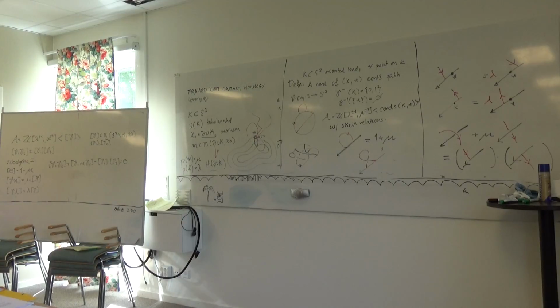So now we're quotienting out by these elements, and when we do that, our chord algebra of K is going to be A mod I.